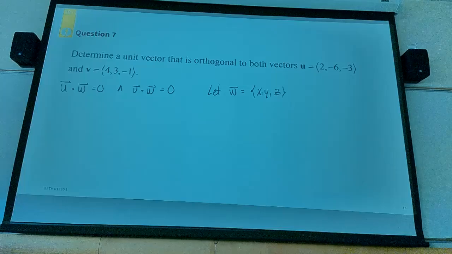U dot W would be what? That has to equal 0. What about V dot W? 4x plus 2y minus z. And that has to be 0.